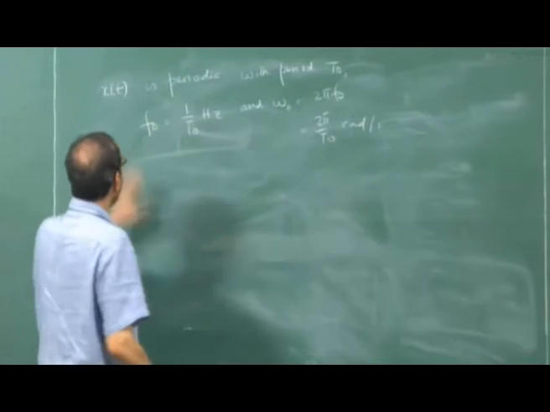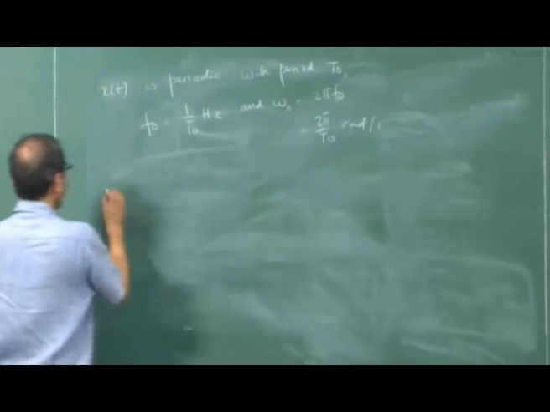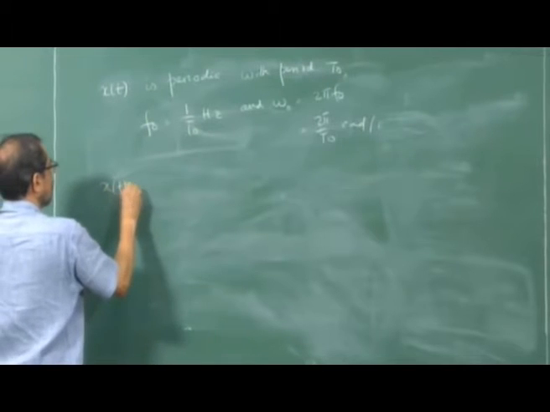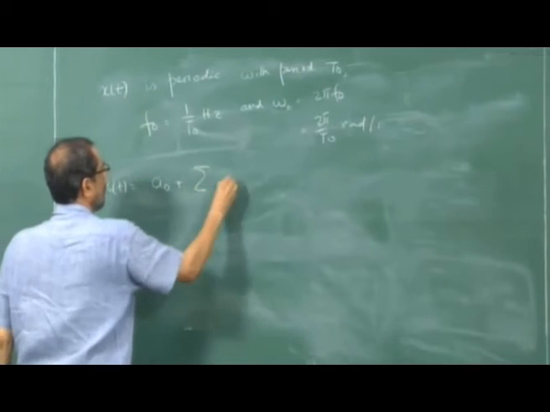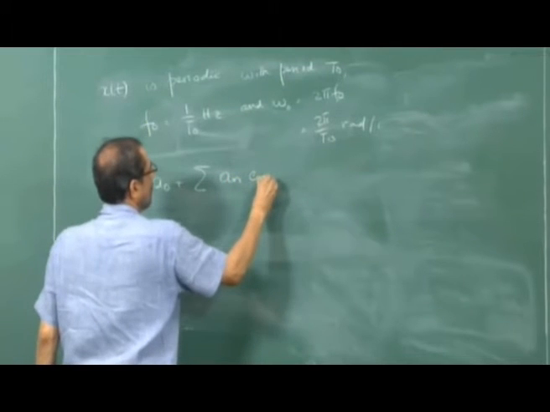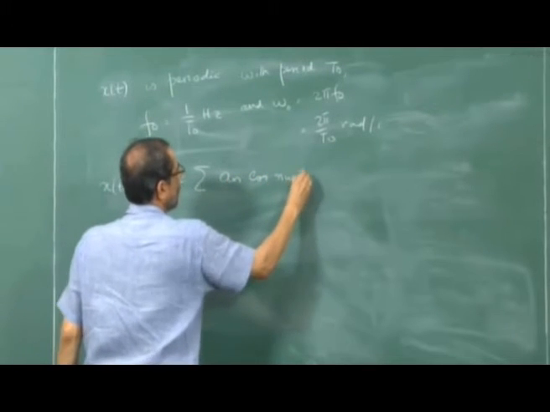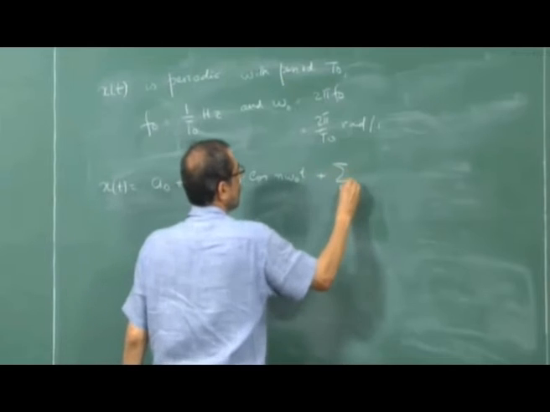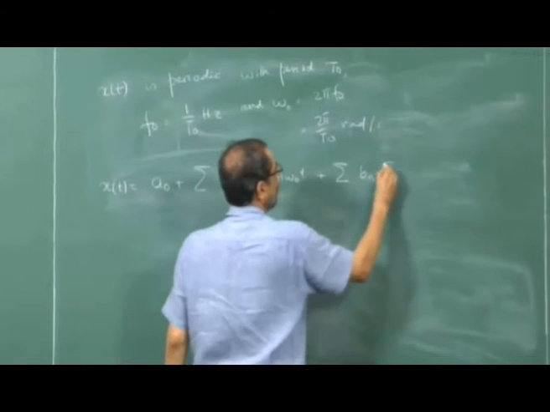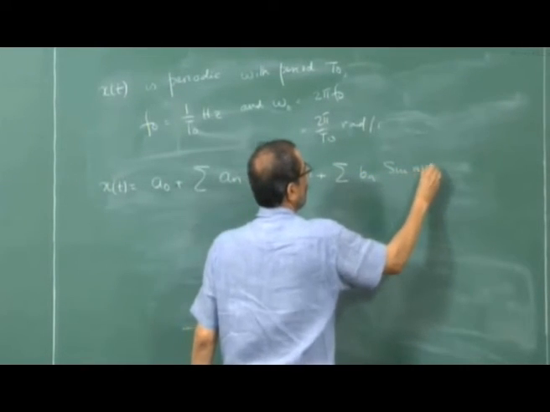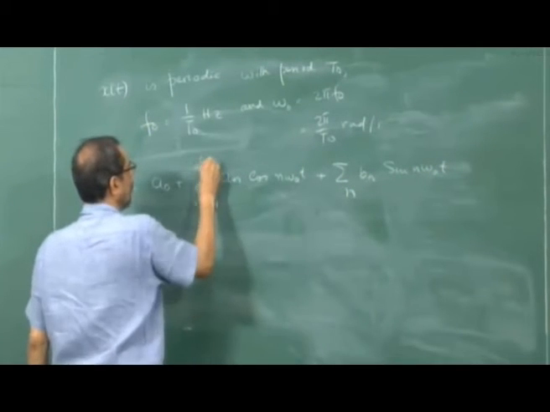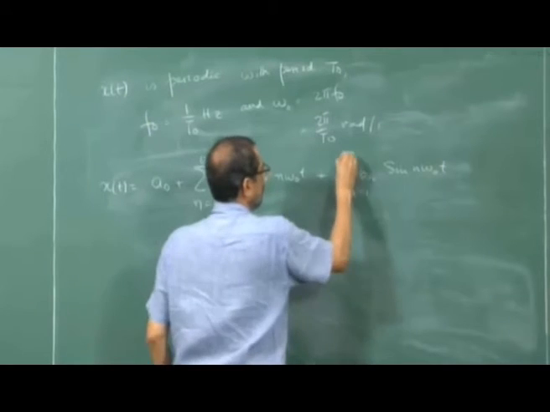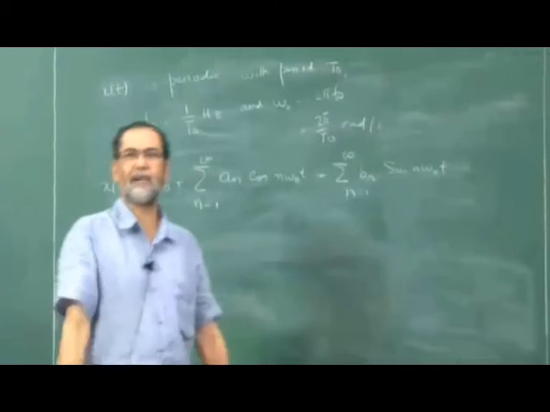If x of t is periodic, then Fourier series theory says this can be written as a naught plus the summation of a n cosine n omega naught t plus b n sine n omega naught t, where the summation is over n equal to 1 to infinity. This is the first statement I made.